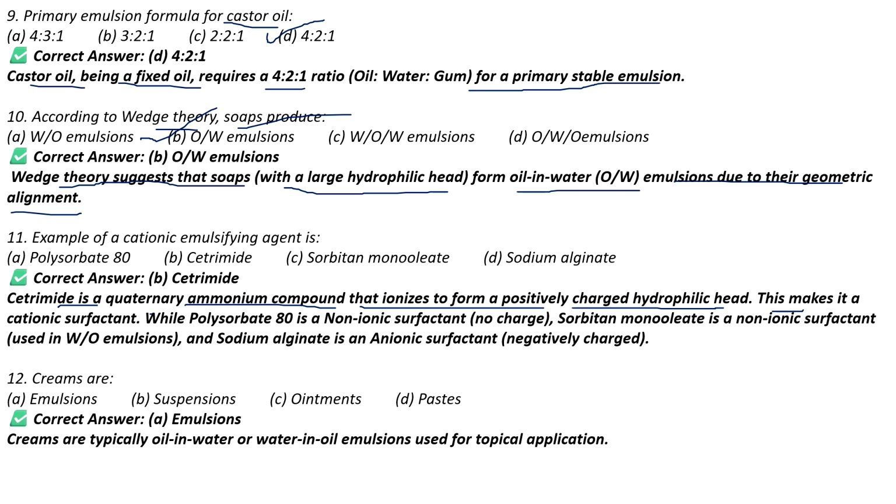This makes it a cationic surfactant, while polysorbate 80 is a non-ionic surfactant, no charge, while sorbitan monooleate is a non-ionic surfactant again, used in water in oil emulsions, and in last sodium alginate is an anionic surfactant, carries a negative charge. So we can say option B, that is cetrimide, is the correct answer of this question. Moving on to the next question.